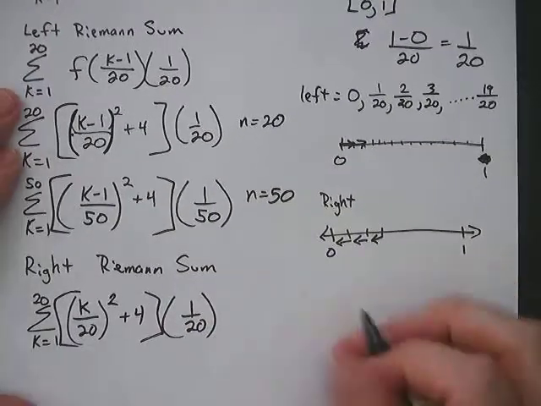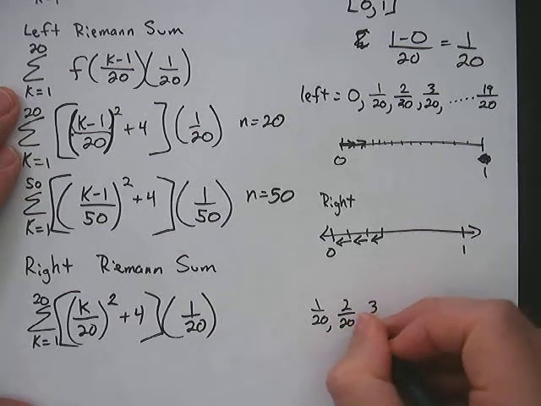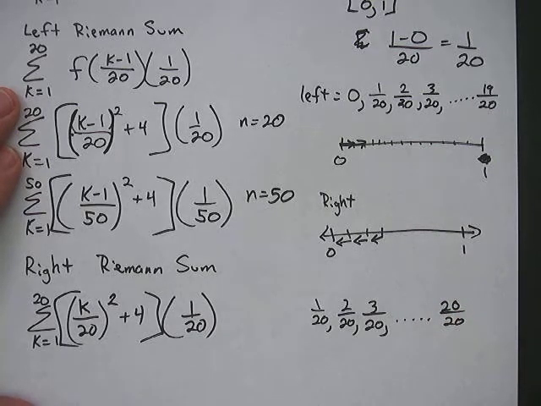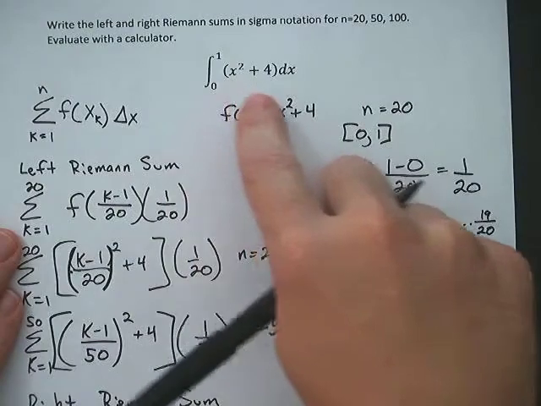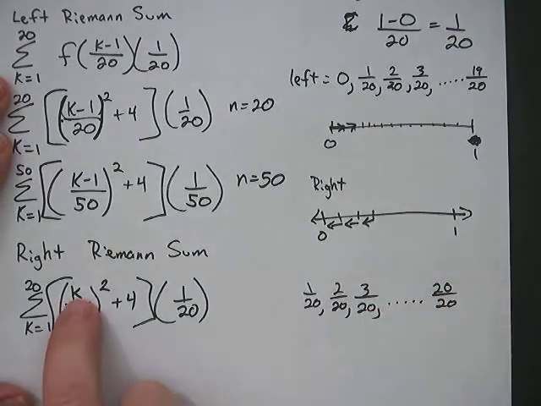Let's make sure that works, because we should be getting 1 over 20, 2 over 20, 3 over 20, all the way to 20 over 20, which is 1. So let's see what happens when I plug in a 1 here: 1 over 20 squared plus 4. That's exactly what we should get. Plug in a 2, you get 2 over 20, a 3, you get 3 over 20.